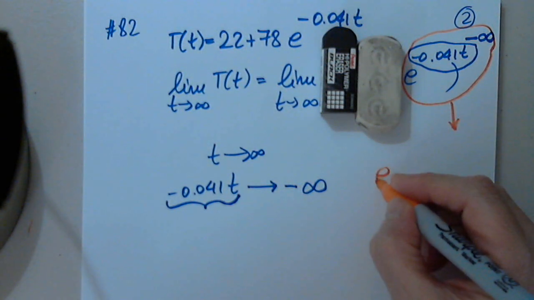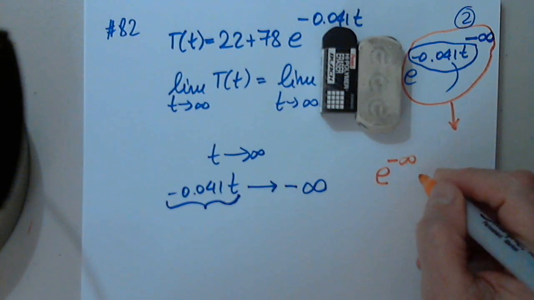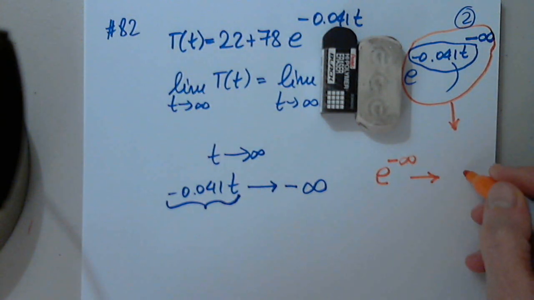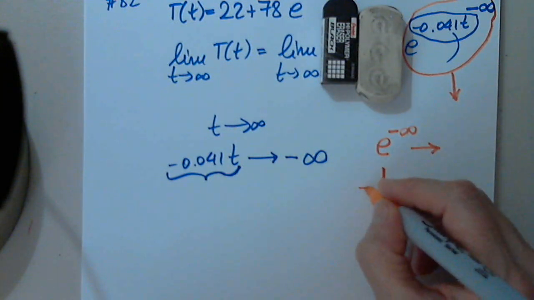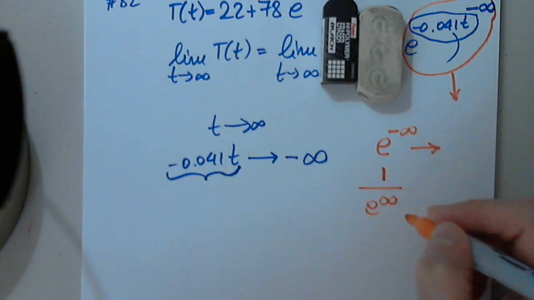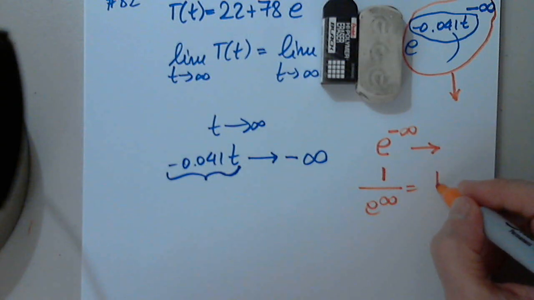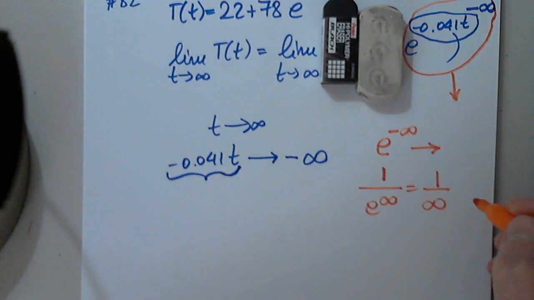So where is e to negative infinity going? This can be rewritten as 1 over e to infinity, or 1 over infinity. So where is this going?